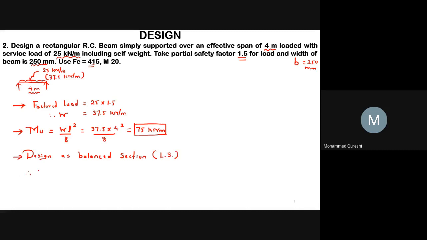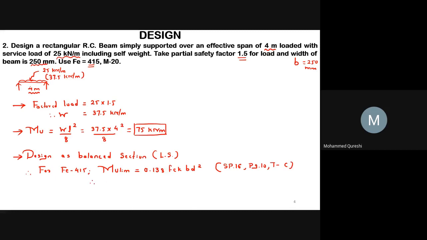Hence, for Fe415, we know that Mu limit will be equals to 0.138 FCK BD square. This equation is given in SP16, page number 10, table number C.